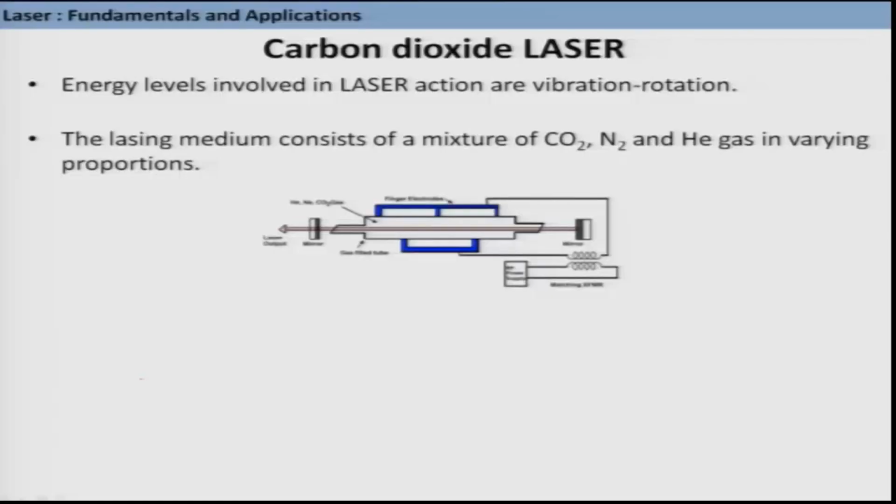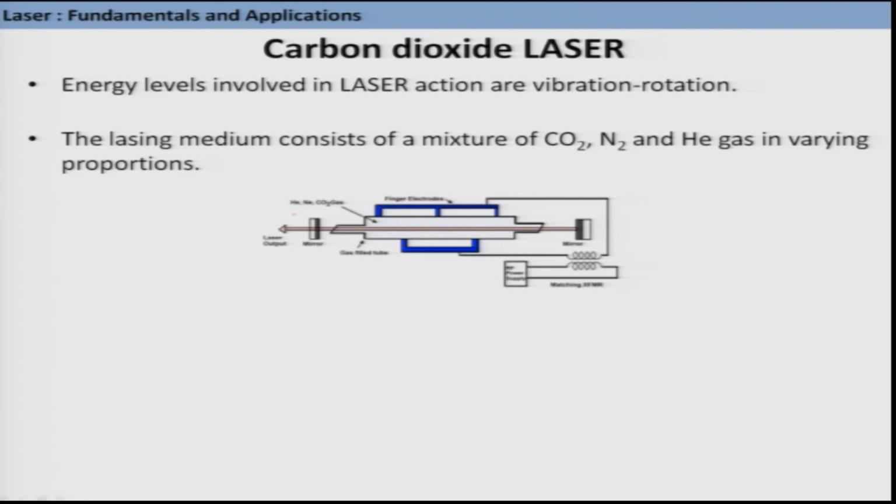Now this picture shows you the basic design of this laser. Like any other gas laser, you have a sealed tube here, and you provide the electron impact by putting electrodes accordingly, and at a given voltage difference you create an electric discharge, excite the gas molecules, and ultimately get the emission and hence the laser.